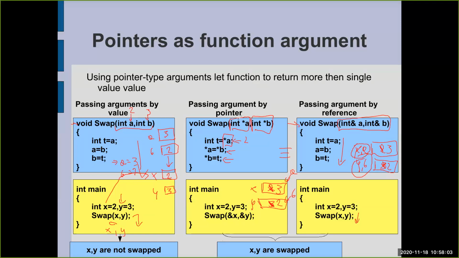Okay, then we have the pointers. So look, if we have pointers, 2 additional variables are created. They are pointers. And the address is copied. So not value, but address. Okay, if we have a 64 bit compiler, every address takes 8 bytes.